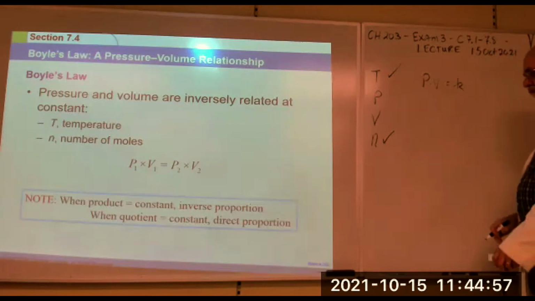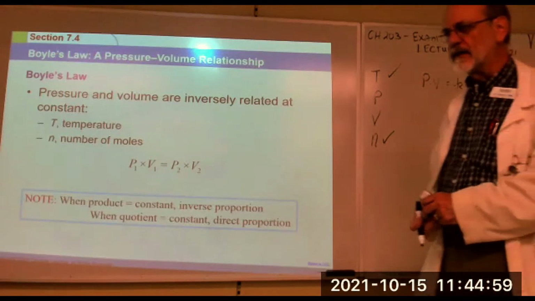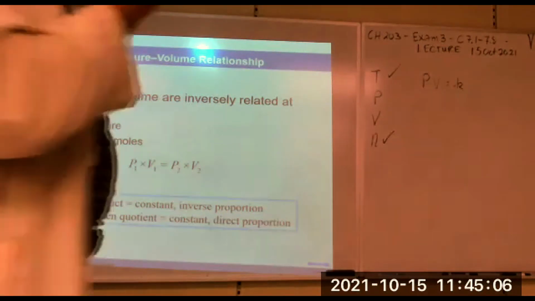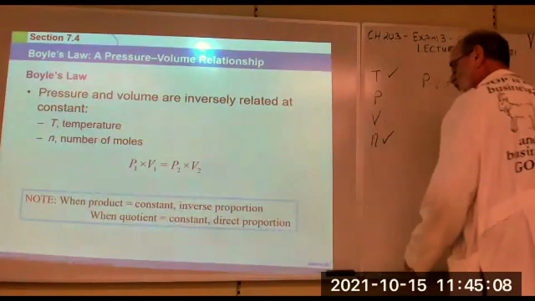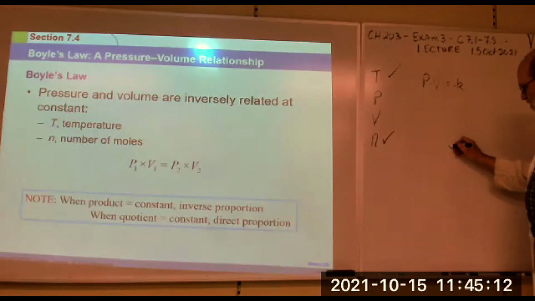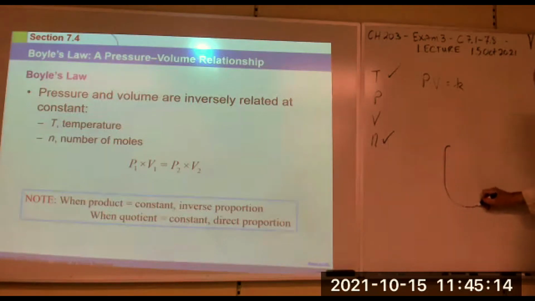Okay? Now, how did he do that? Let's see. Do I have that in the picture? No. Boyle used a J tube. There's another one of those glass tubes, only they bent it into a J, like this. Open at this end, closed at the other end.